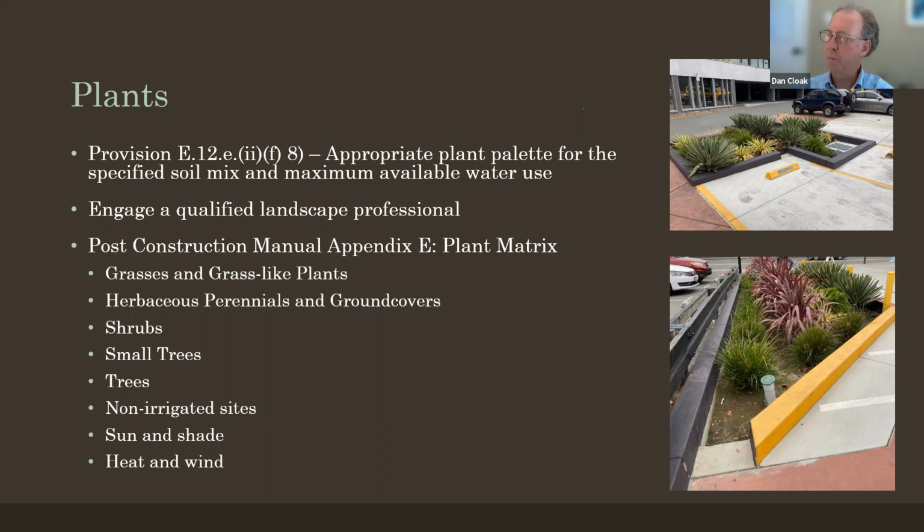And I've certainly seen plenty of landscape designs associated with bioretention facilities where they had missed one or another aspect. Either somebody went to the table and picked plants that, oh, these are good for bioretention facilities, but they didn't pay attention to the specific situation.